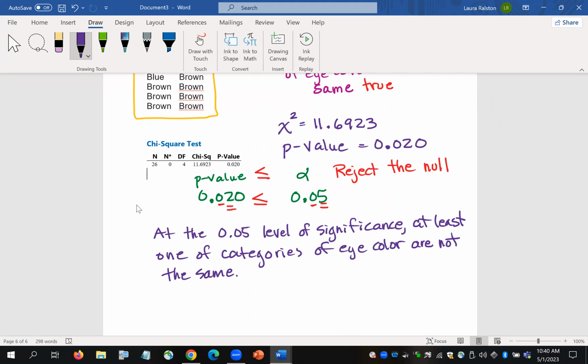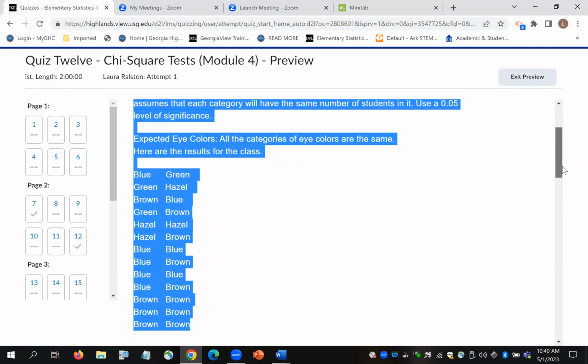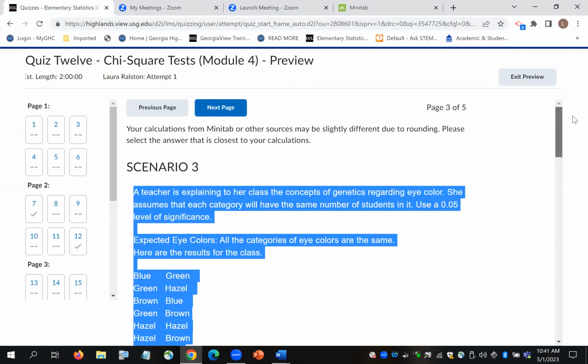In the results, for the test statistic, it says 6.30769, and the p-value is 0.098. Okay, I'll take a look at that one. I was going through it kind of quickly to try to get the data in, so I may have entered the data wrong, but I'll go back and double check it.